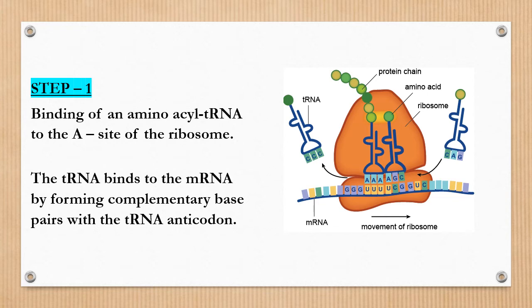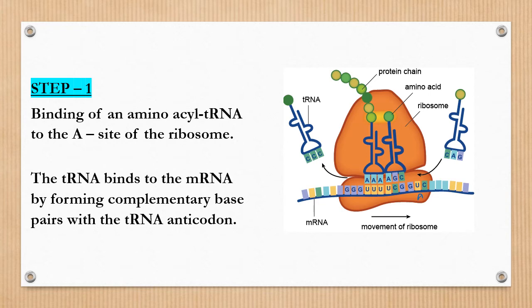That region we will call the A site. So this is the binding of amino acyl tRNA to the A site of the ribosome.